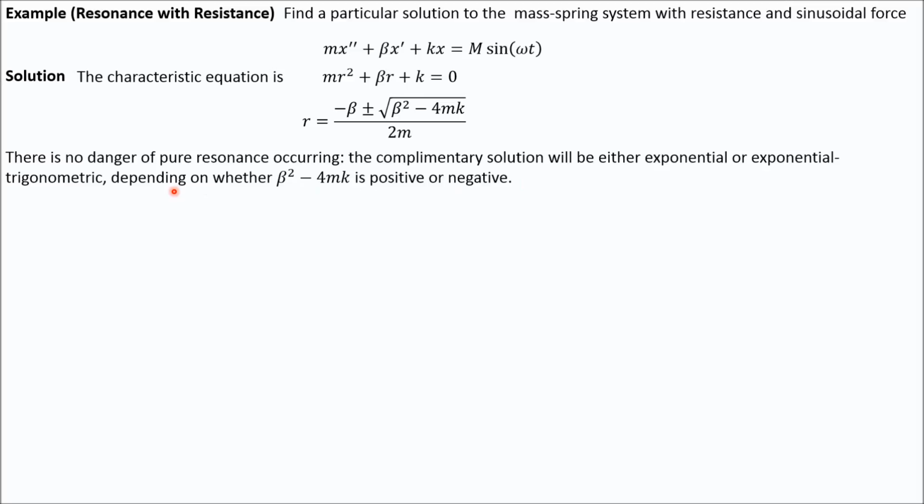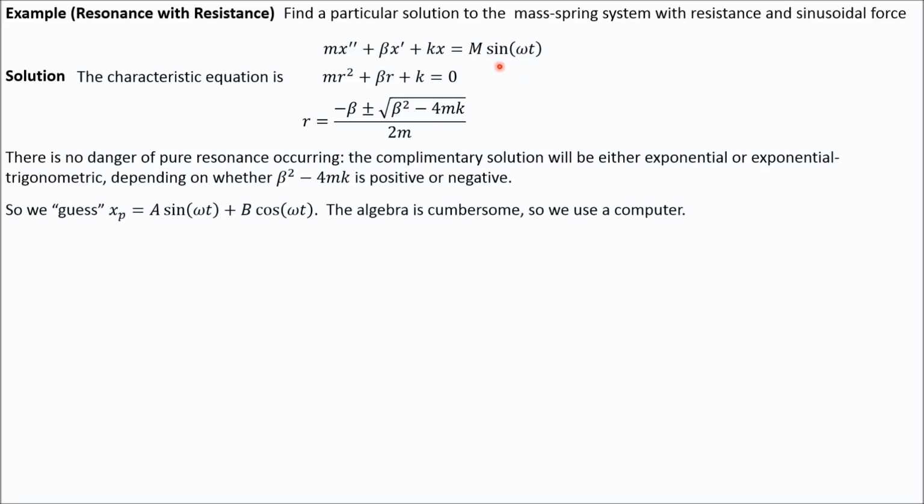In either case, we always have exponential decay, so there's no danger of pure resonance occurring, because when we're solving the inhomogeneous equation, we're going to guess that our particular solution is a combination of sine omega t and cosine omega t, and this guess will work. It's not going to conflict with our complementary solution.